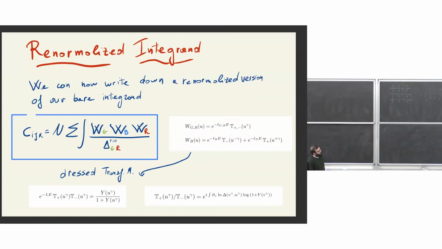As I was saying, these W are now dressed. So as before we had transfer matrices, now we have these special so-called dressed transfer matrices, because they need, of course, to account for these extra wrapping effects that we have. Anyway, they can be determined in terms of Y functions, which are, again, some non-perturbative building blocks that were also used for the spectrum.